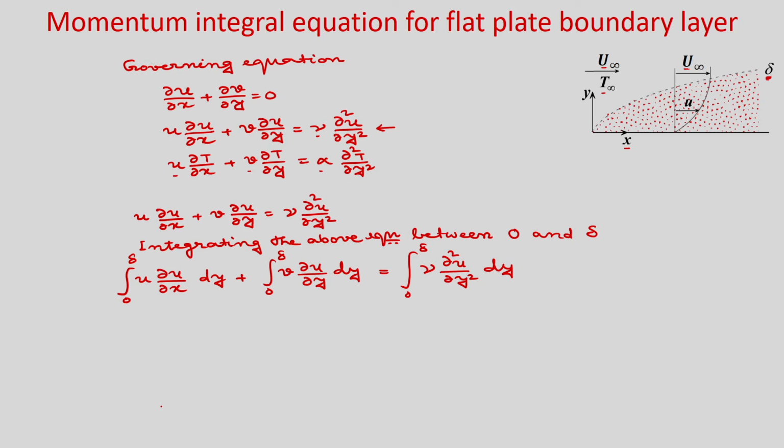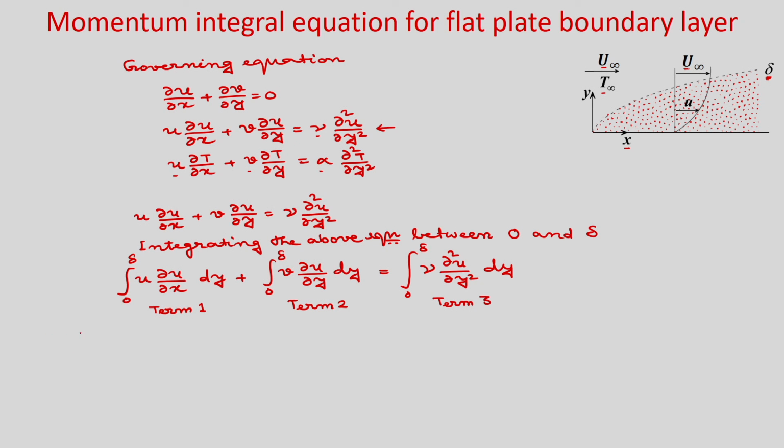Now, we will consider each term separately and we will integrate step by step. So, let us give the term names. This is the first term, the second term is this one in the left hand side, and in the right hand side let us name it term 3.